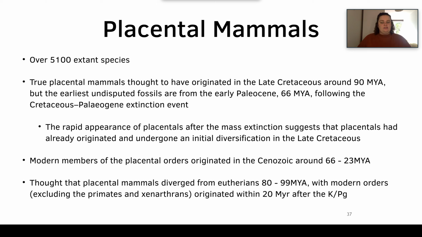And the rapid appearance of placentals after the mass extinction suggests that placentals had already originated and undergone an initial diversification during the late Cretaceous. And it's thought that placental mammals diverged from eutherians with modern orders, excluding the primates and the xenarthrans, originating within 20 million years of the KPg boundary.